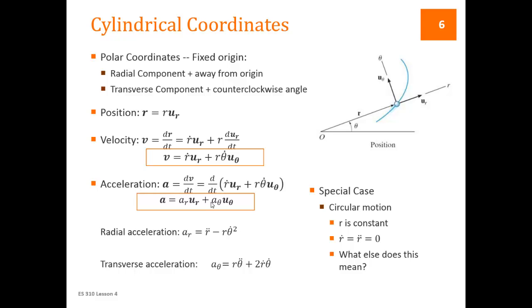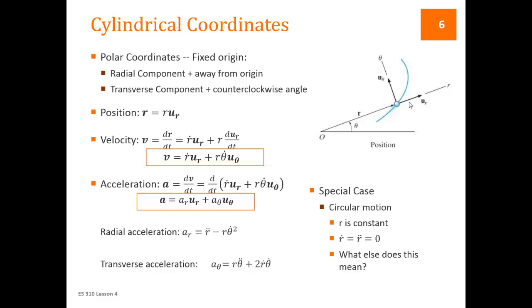So the second set of coordinate systems we want to learn about are cylindrical coordinates. In this case, instead of moving with the particle, the coordinates rotate with the particle, but they don't actually move with the particle. You've got a radial component that always points from the origin through the particle, away from the origin.